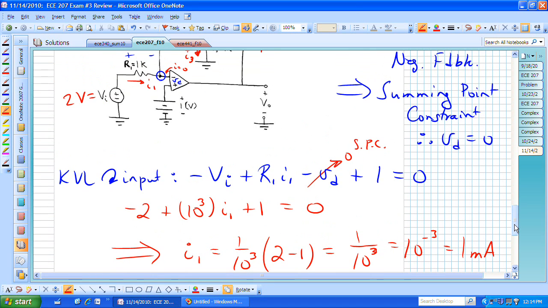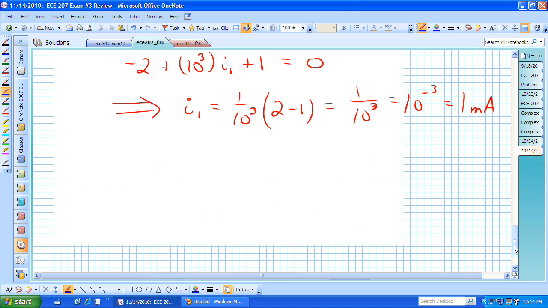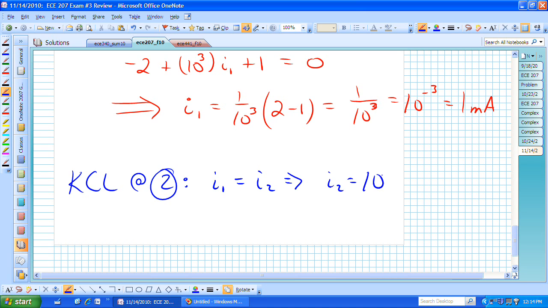Maybe I could label that node 2 for reference purposes. Now I can do KCL at 2, and that says that I sub 1 is equal to I sub 2, and I sub 2 then is 10 to the minus 3 amps, or another 1 milliamp.